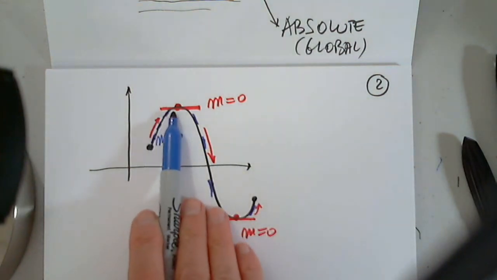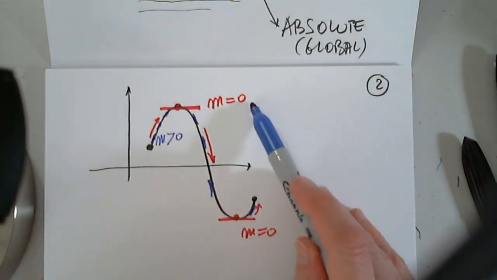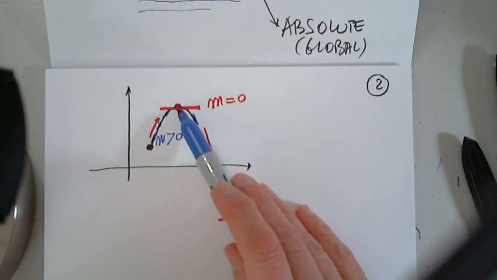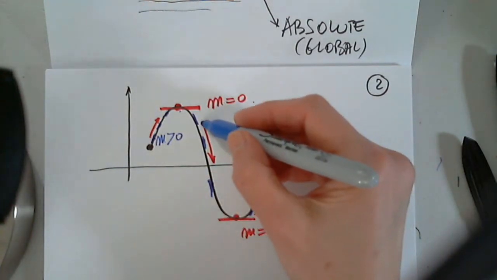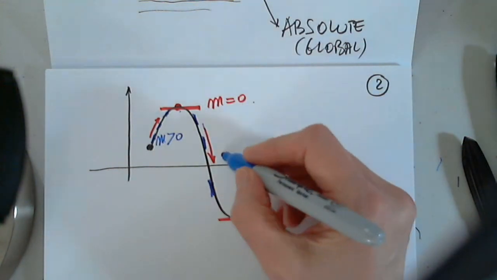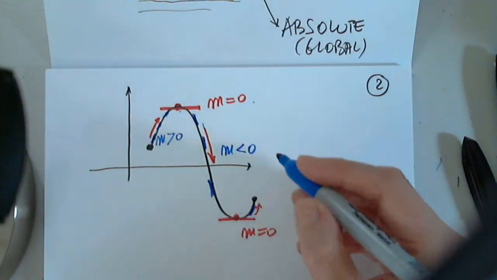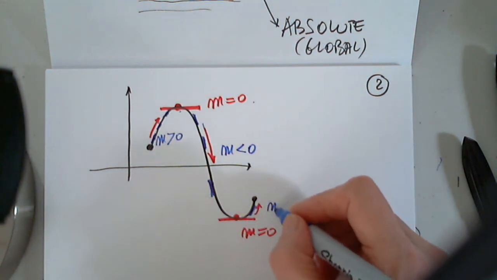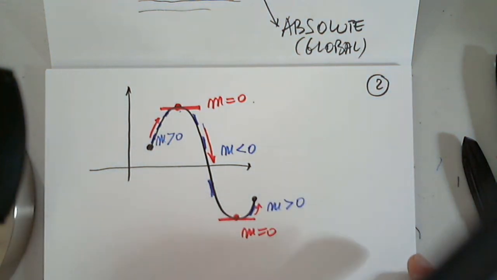When the function has a peak, the slope of the tangent line at that point is 0. When the function is decreasing, the slope of the tangent line is negative. And again, here it's increasing, so the slope of the tangent line is positive.